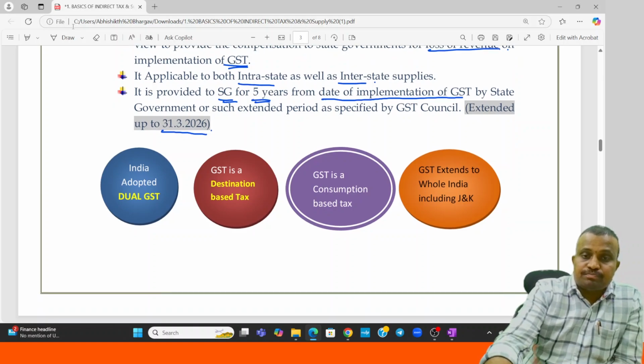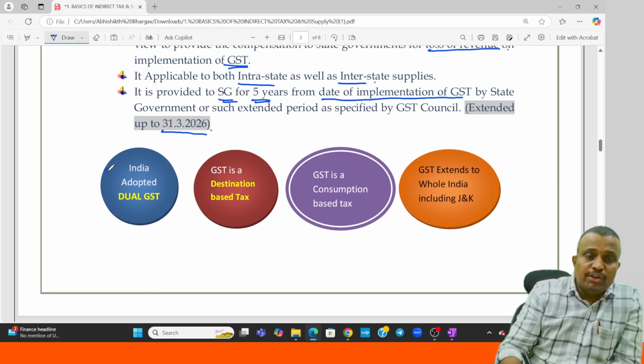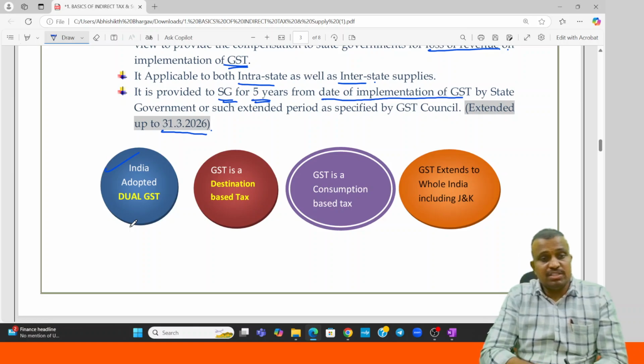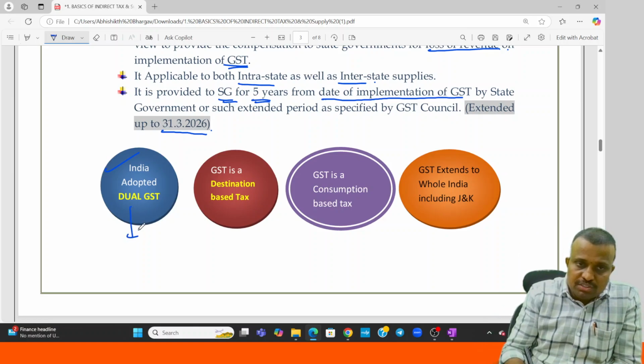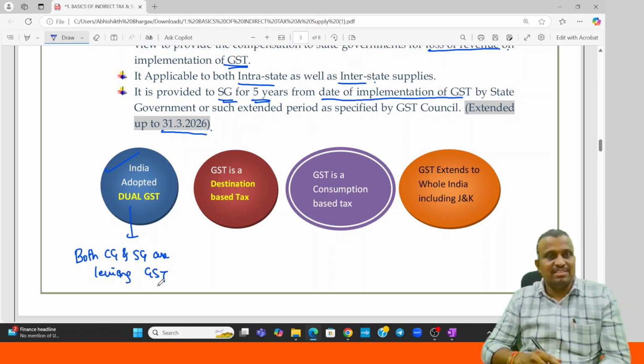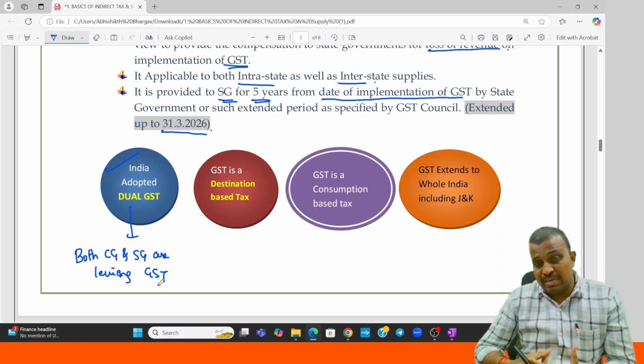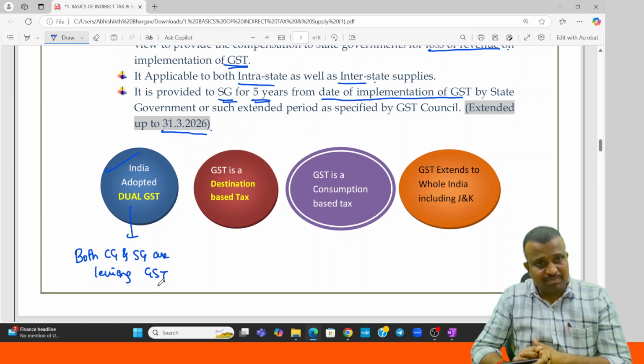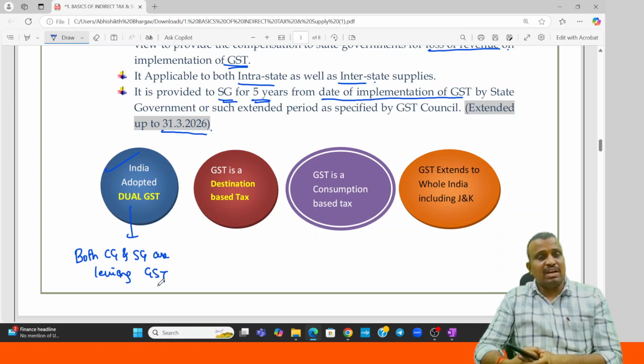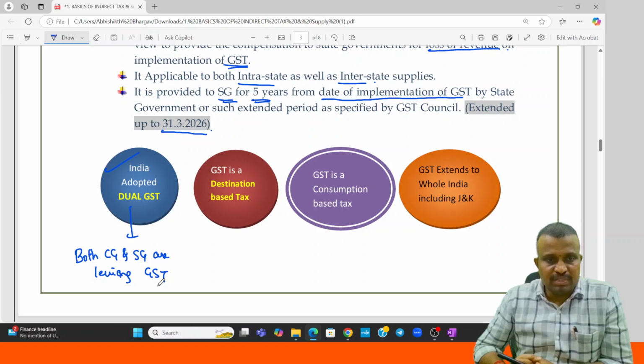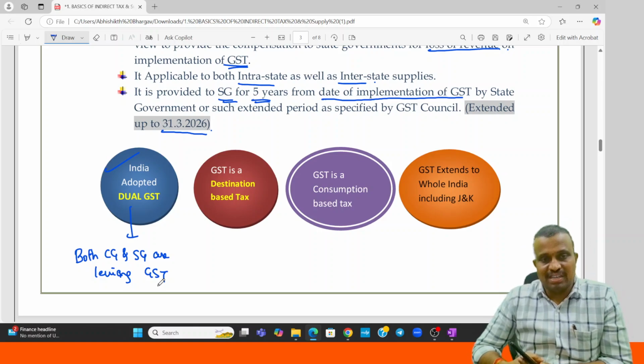In India, we are following what? Dual GST. What is meant by dual GST? Dual GST means both the central government and the state government are levying GST simultaneously, because in India we have a three-tier federal system, with three types of governments: central government, state government, and local authority.